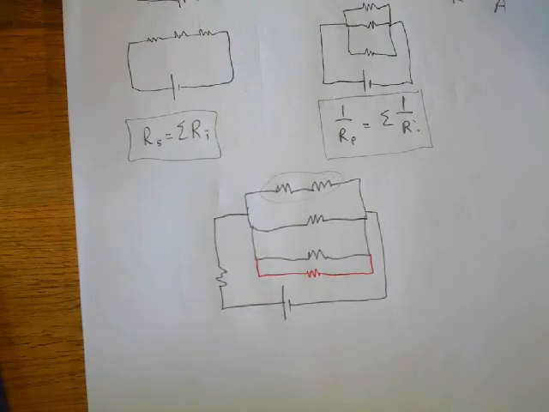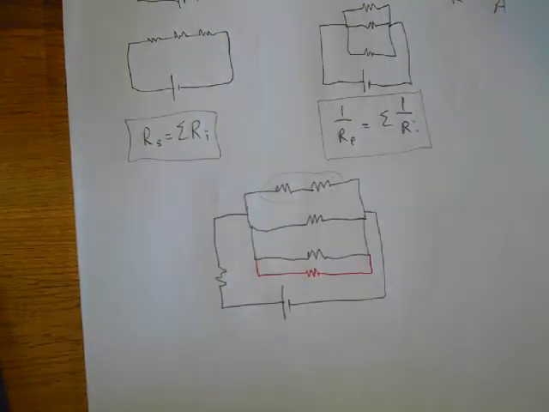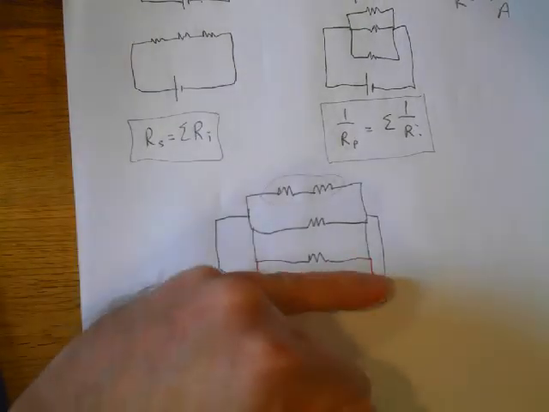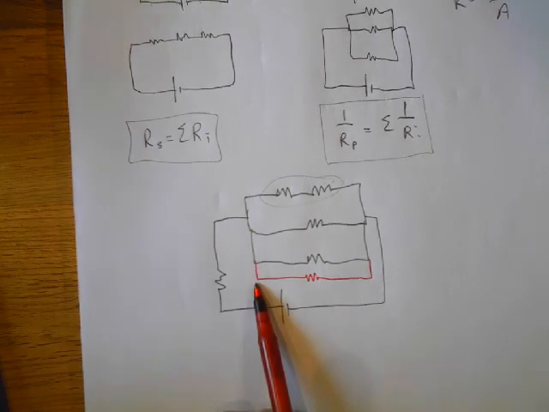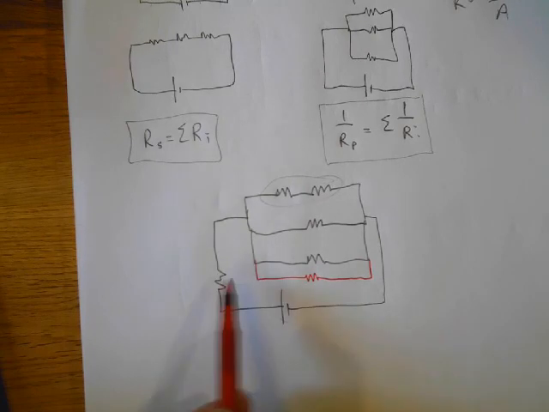For example, let's say you had this circuit, and then the question asks, what would happen if you added another resistor like this? The memorizer would say, oh, well, I added a resistor in parallel. In parallel, the voltage is the same. But it's not going to be the same. The voltage from here to here wouldn't be the same as if that resistor isn't there.